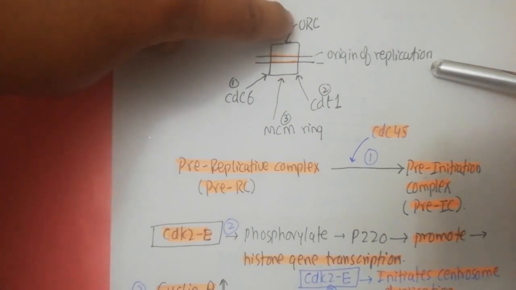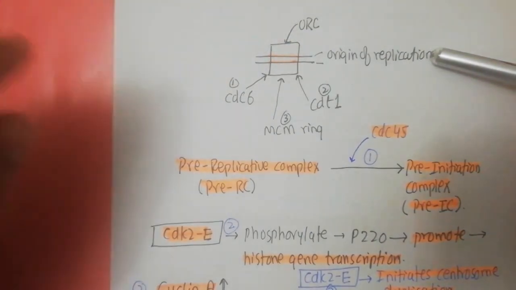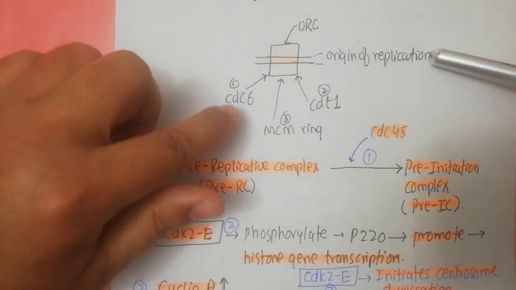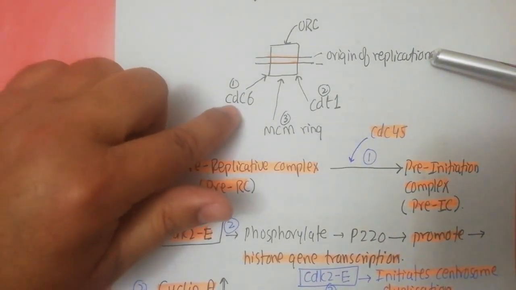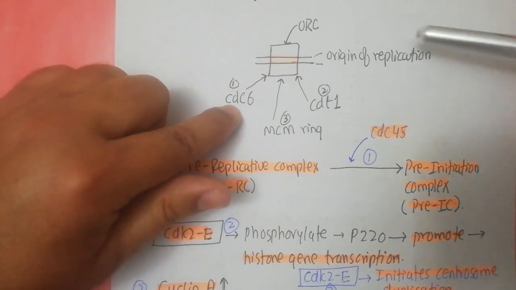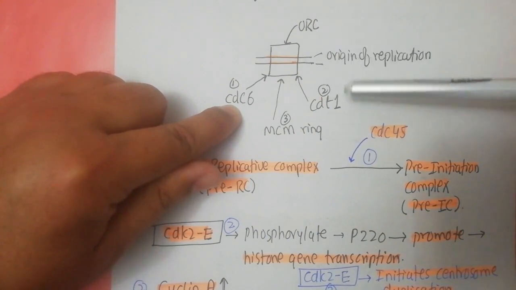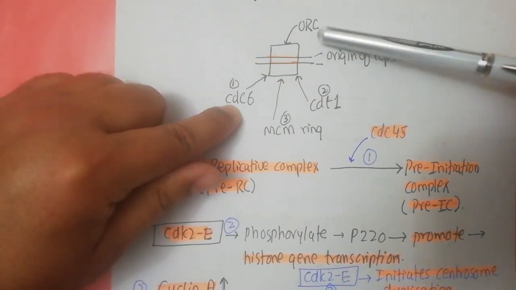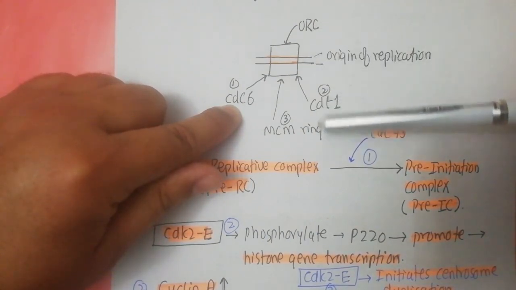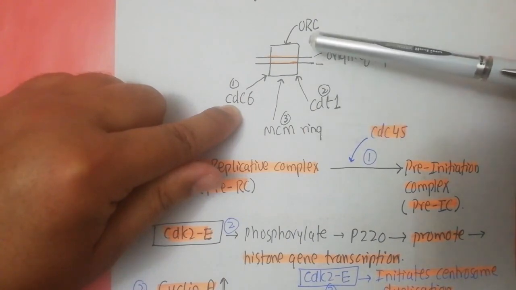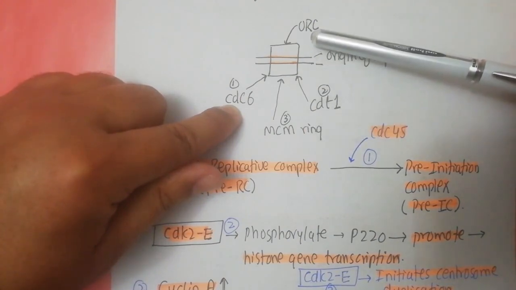Now when the origin recognition complex is present at the origin of replication, during the G1 phase of the cell cycle, other proteins, first the CDC6, were going to bind to the origin recognition complex. After that, the CDT1 protein was binding to the origin recognition complex, and then the MCM ring was going to bind to the origin recognition complex.